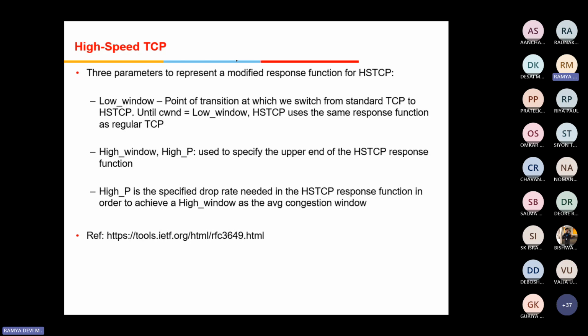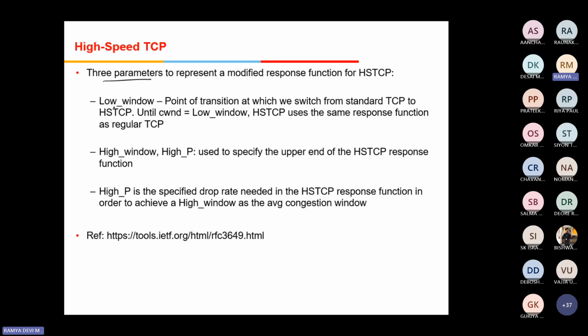So there are three parameters. Now we'll see how it fine tunes the congestion window size, based upon the response function. It is designed for high speed, high bandwidth, high delay networks. There is a response function which will be controlled by three parameters.